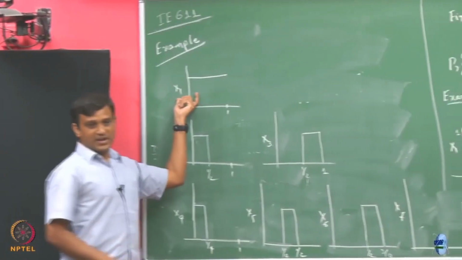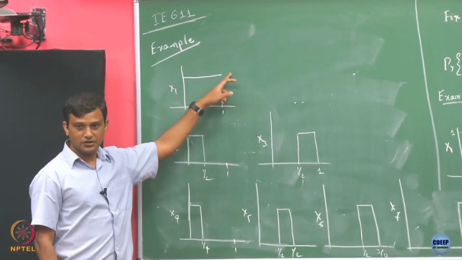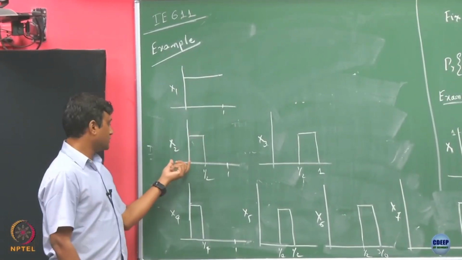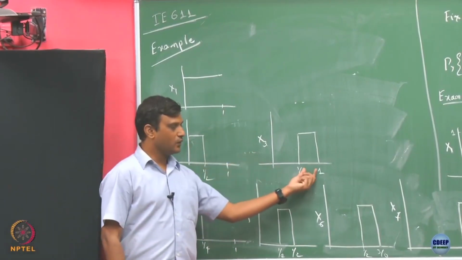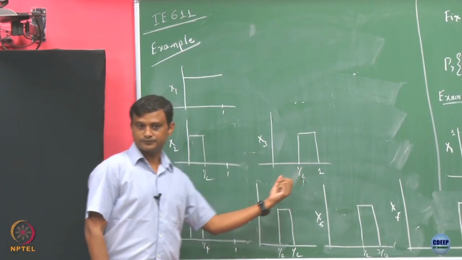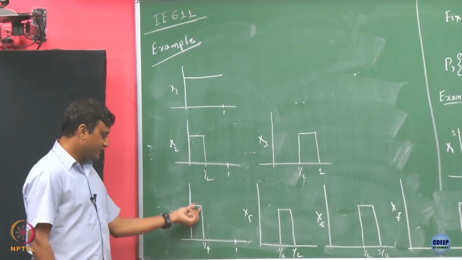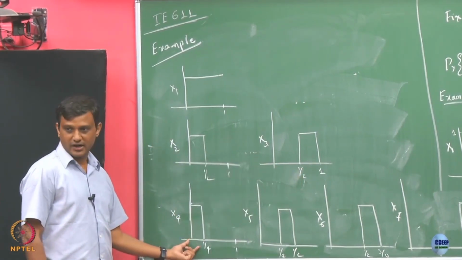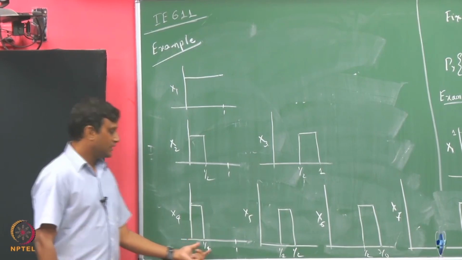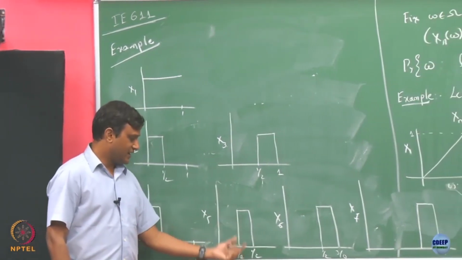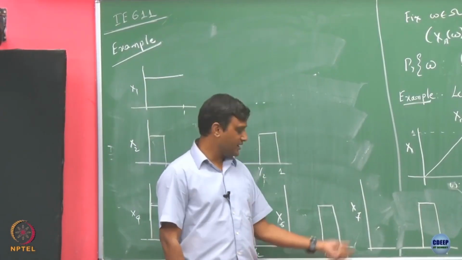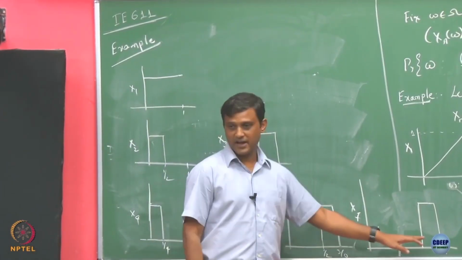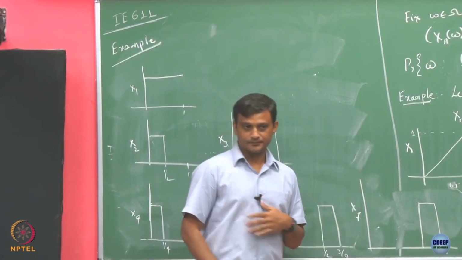So this random variable x1 is going to take 1 throughout, x2 is going to take 1 in the first half, x3 is going to take 1 in the second half. Now x4 is such that it is going to take value 1 in the first quadrant, x5 is going to take value 1 in the second quadrant, x6 is going to take value 1 in the third quadrant, and x7 is going to take value 1 in the last quadrant.